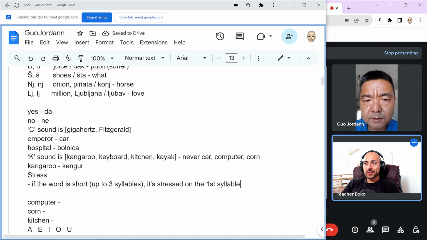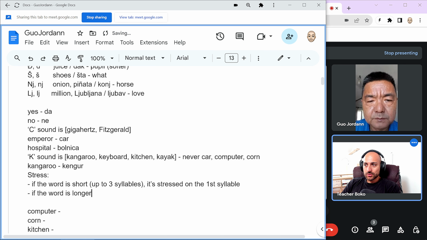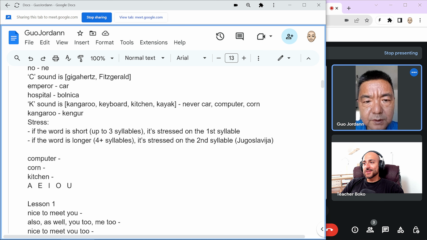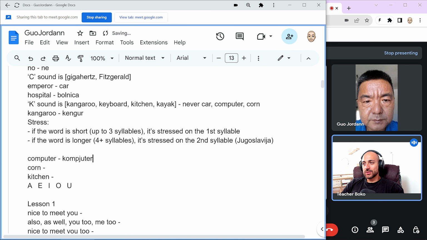And if the word is longer, like 4 or more syllables, it's stressed on the second syllable usually. Yes.